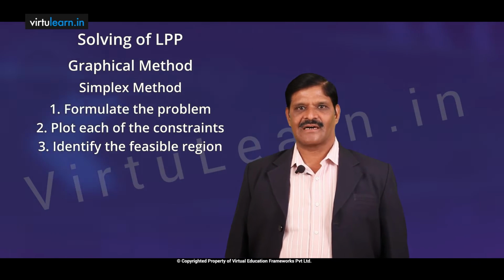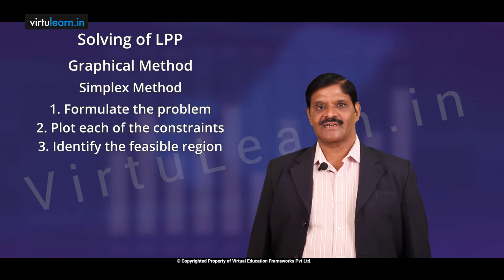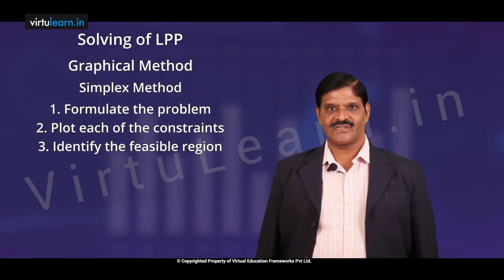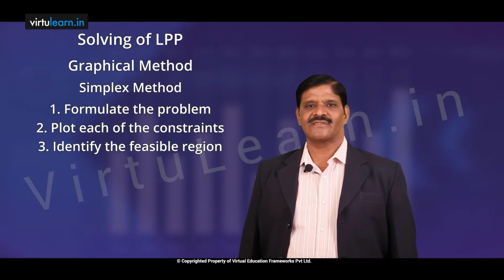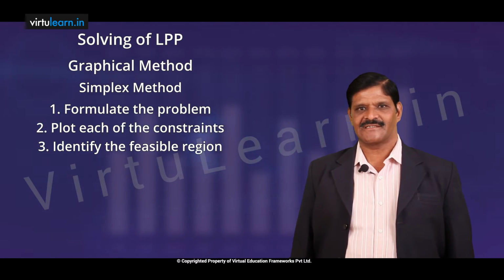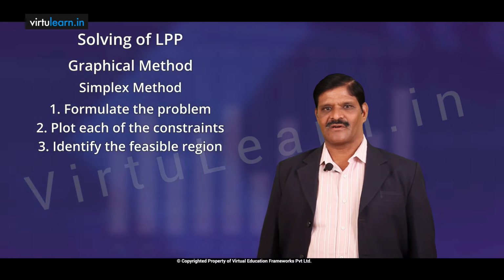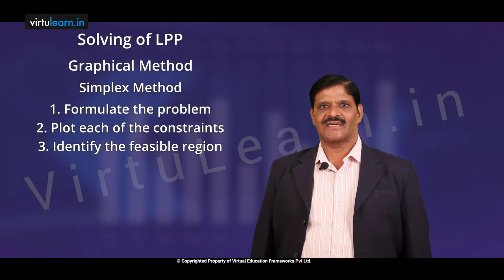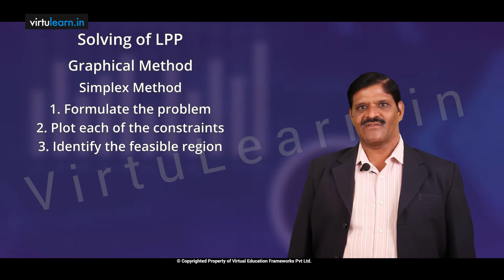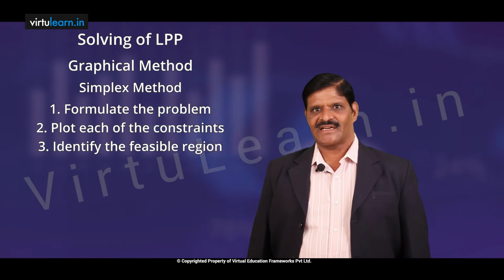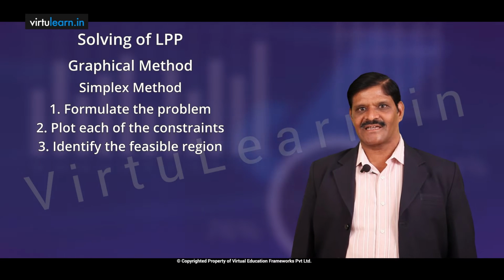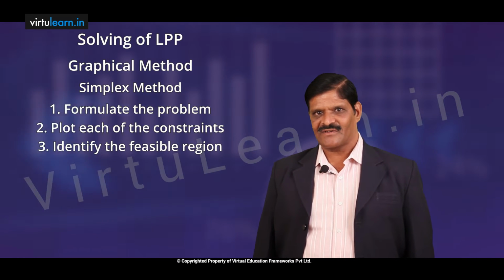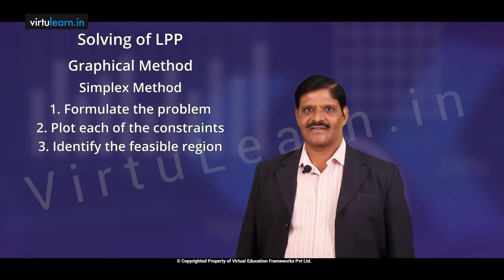When several constraints are given, something like less than or equal to, or something like greater than or equal to, we might have several constraints associated with a problem. So there is a limitation on the availability of raw materials. Then the equation will result in less than or equal to a certain number of kgs of raw material.